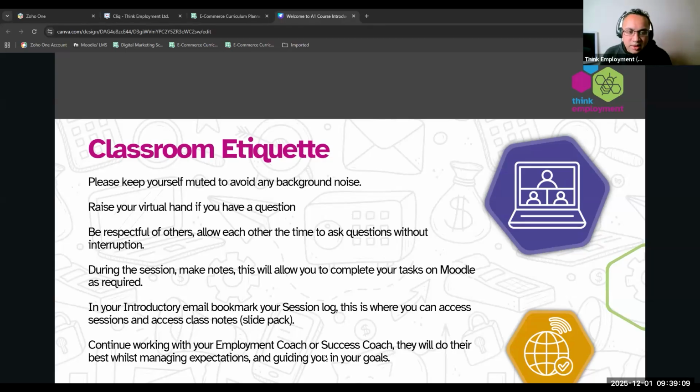During the session, if you want to make notes, feel free, on a piece of paper or on your phone, however you feel comfortable. This is just to make sure we don't have any issues going forward. If you have any questions around Moodle, ask your success coach.